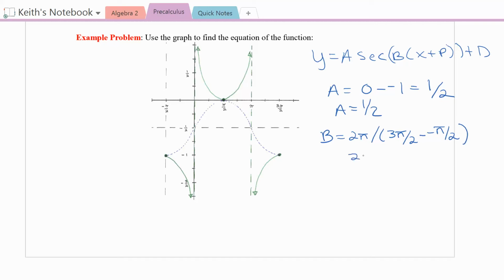So you take 2 pi divided by 3 pi over 2 plus pi over 2, which is 4 pi over 2, which is the same as 2 pi. That means b is equal to 1, so there is not a horizontal stretch or shrink, because the period here is 2 pi.